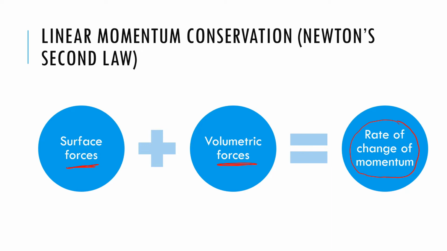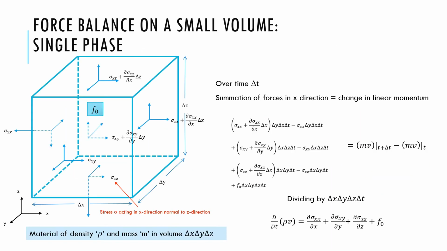So let's see how this momentum conservation equation leads to the equation that relates all the stresses and eventually to deformation. To develop the equation for stresses, we will do what's called a control volume analysis. We take a control volume of dimensions delta x, delta y, delta z. It's a cube, let's say, and the cube is filled with material of density rho, and its mass is m, and it's single phase.